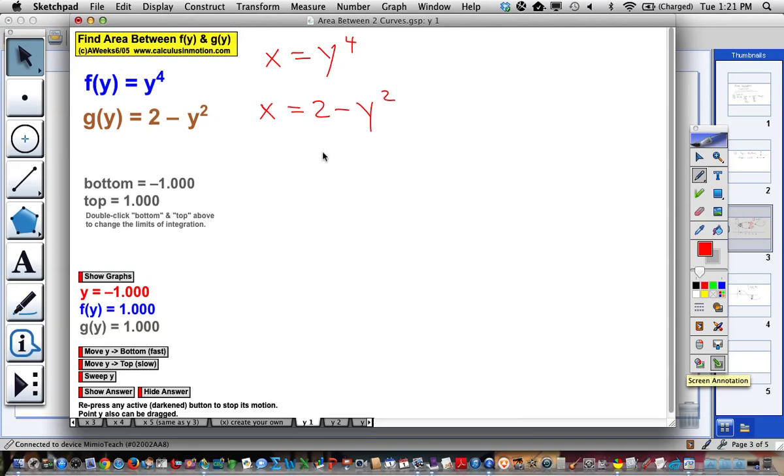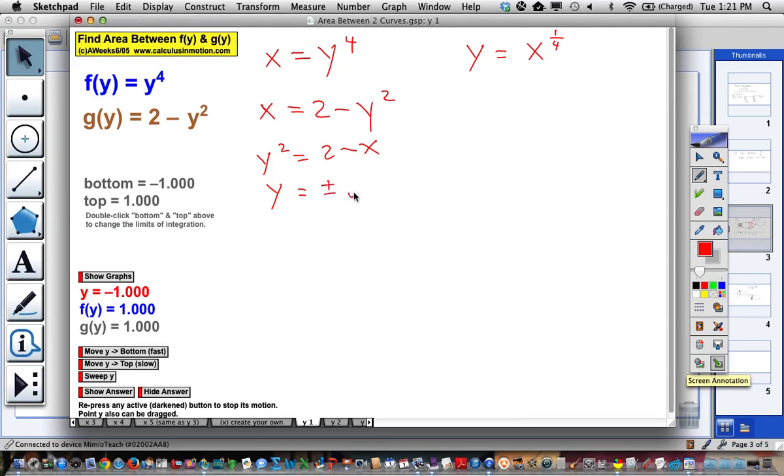Now, if I needed to graph this, which I think I would need to probably, then you need to solve them for y. So y on this one would be what? X to the 1/4, the fourth root. And this one, we would have a little work to do. If I add the y squared over to here, subtract the x, then I've got to do a square root. Don't forget a plus or minus.